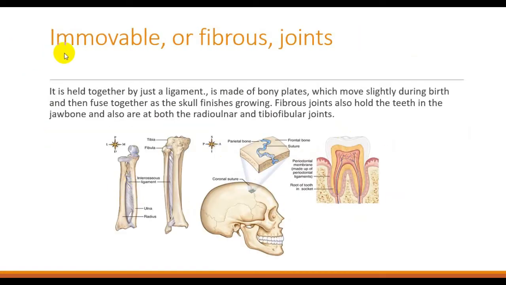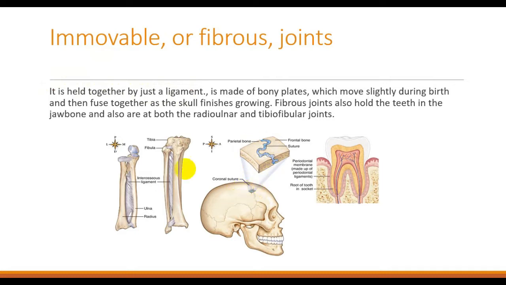Starting with the first kind, immovable or fibrous joints. In these joints, bones are held together by just a ligament. It means only ligaments are joining that kind of bones, and these joints are immovable. We cannot move that kind of bones.